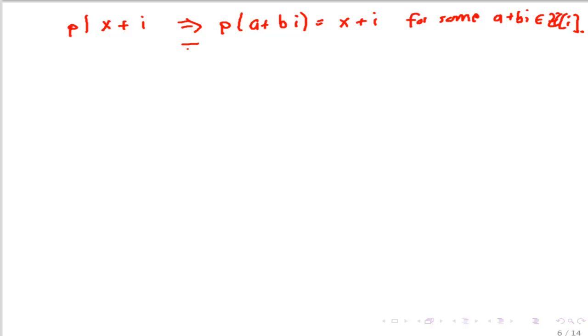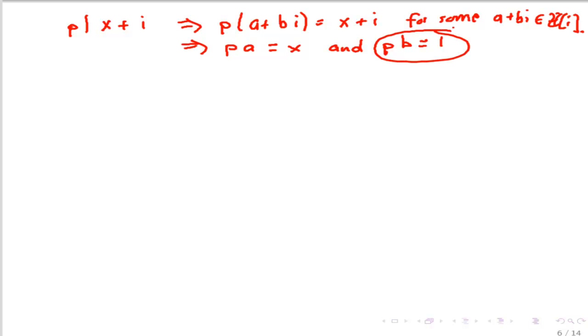But that means equating the real and imaginary parts. So the real part on the left is p times a, and the real part on the right is x. And then equating the imaginary parts, we'd have p times b. What's the imaginary part on the right? It's 1.